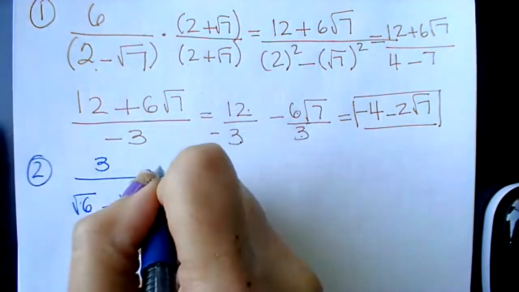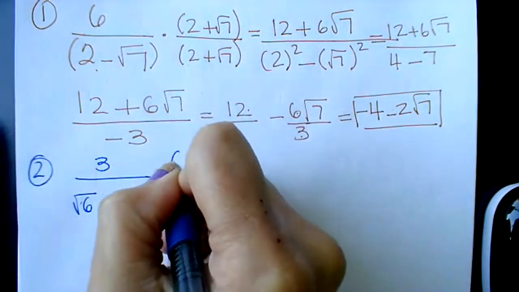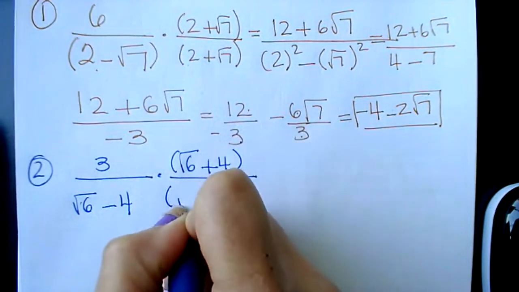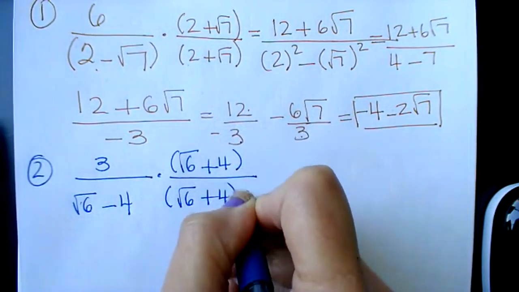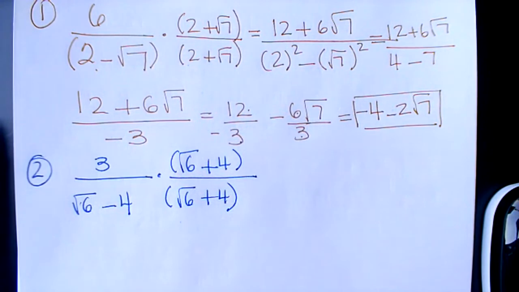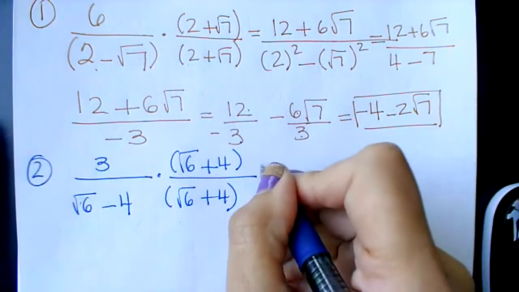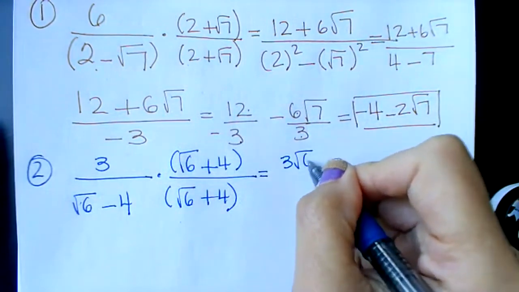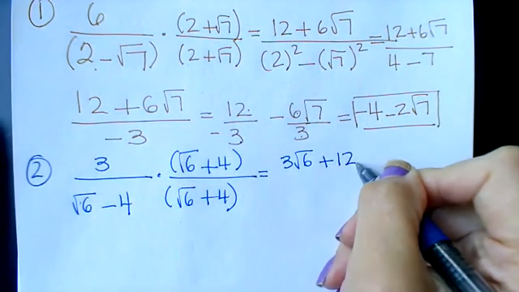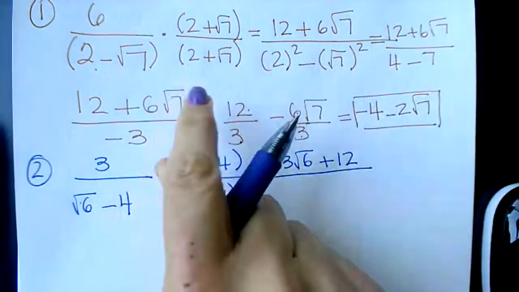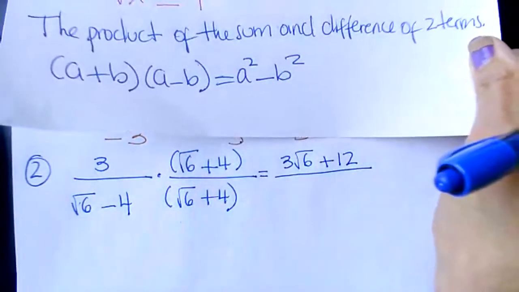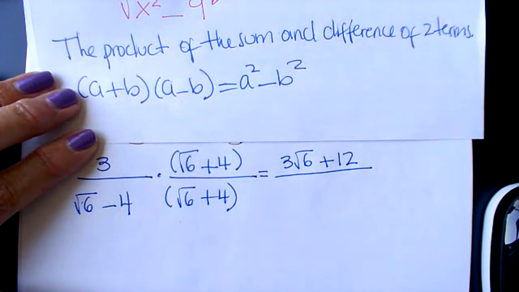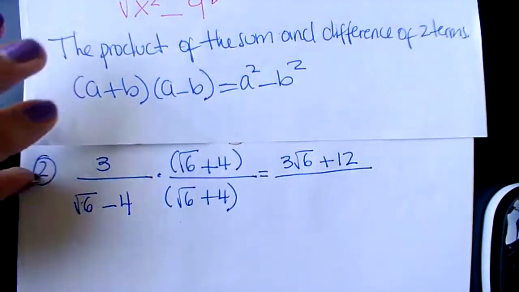Okay, so what I'm going to do is multiply by the conjugate. So it's going to be square root of 6 plus 4. We're going to distribute. It will be 3 square root of 6 plus 12. We could keep doing this, or we can just distribute.